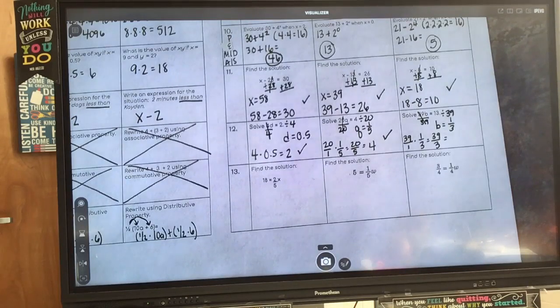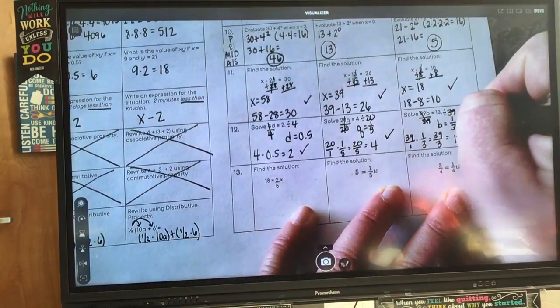Stand up when you have your answer. Alright, Isaac, what'd you get when you did 39 divided by 13? So then we know that our work is correct.